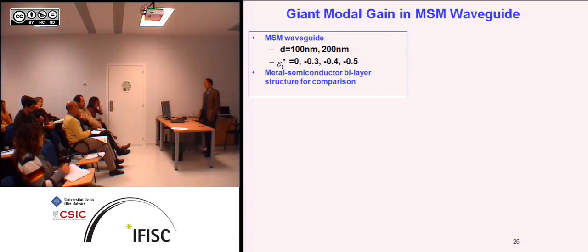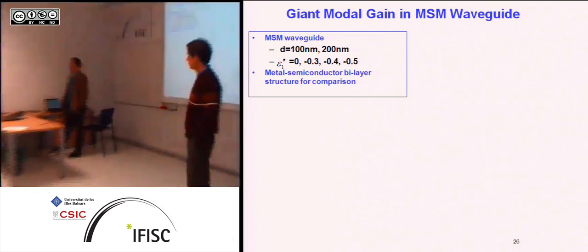There are metamaterials, nanolasers, nano-waveguides, a lot of things you can do. I just wrote a tutorial paper for the German journal, Physica Status Solidi, where I talk about all the aspects. I can send you the paper. So in terms of modeling, simulation, or theory, there are a lot of things.